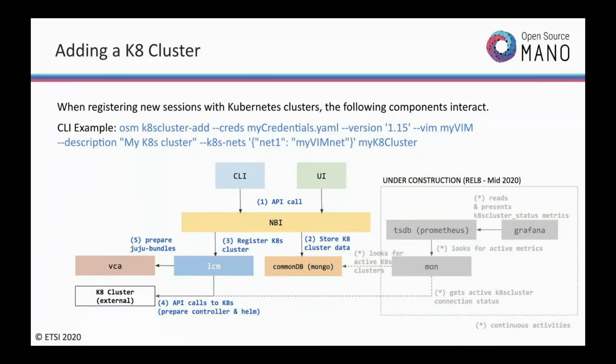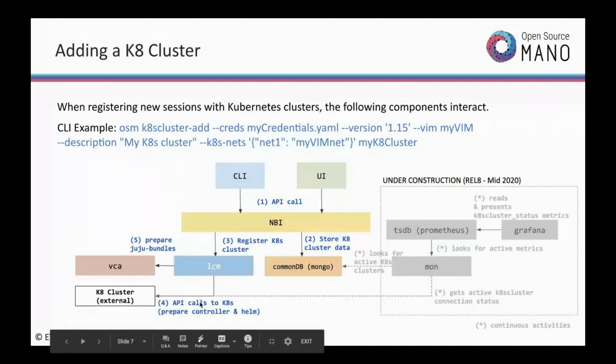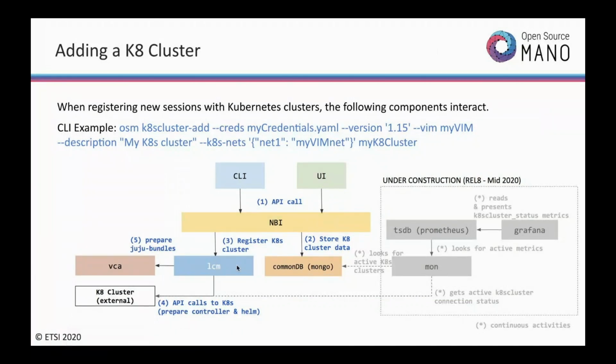So we have these two happening in parallel. We don't have RO here, as you can see. And we don't have MON yet looking for the active Kubernetes clusters and monitoring, but this will be part of release 8.